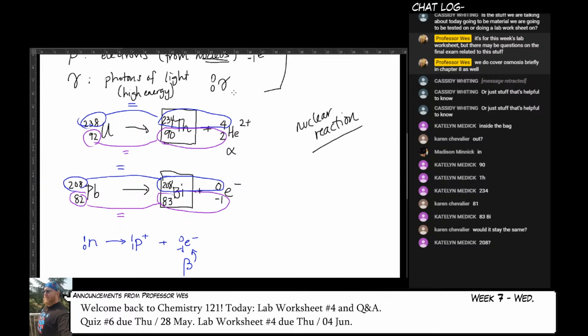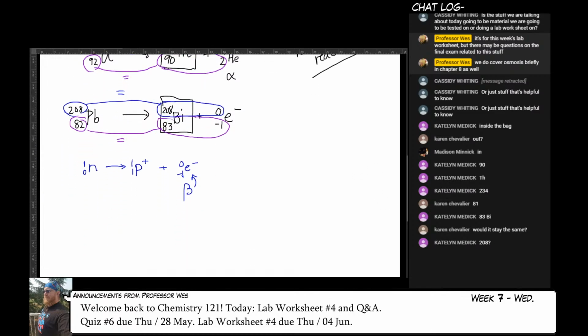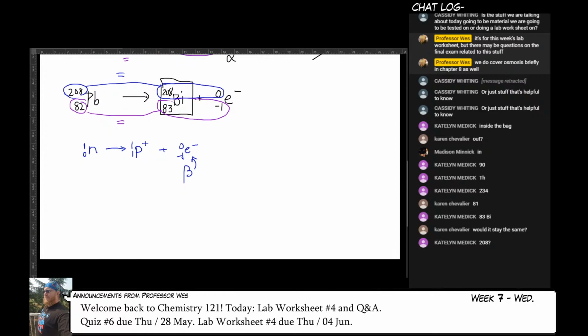Now up here for the last example, you'll notice that for light, not much is going to happen. If it has 0 mass and 0 charge, what happens to my nucleus? And the answer is that this is what happens. So I'm going to pick any old nucleus. So I'm going to pick this one, just because I was looking at it.